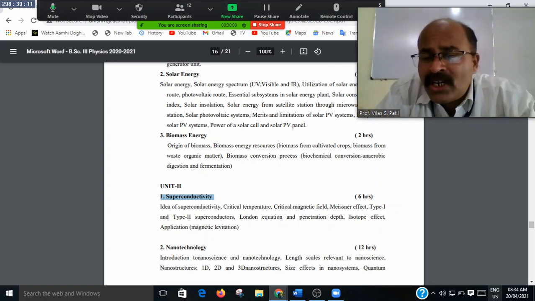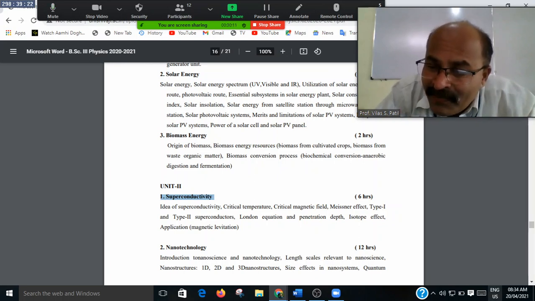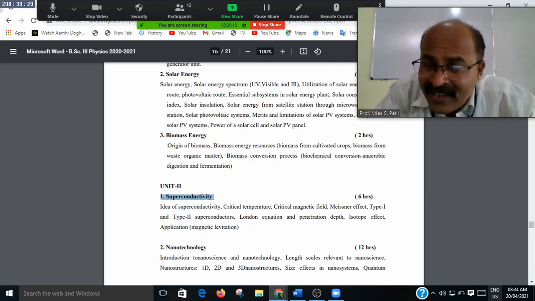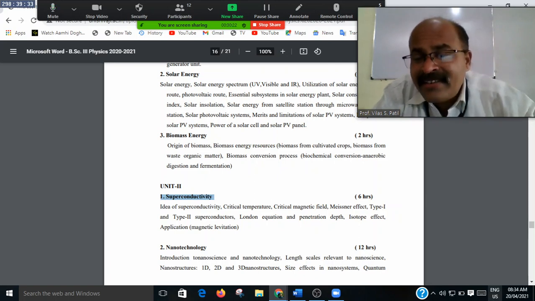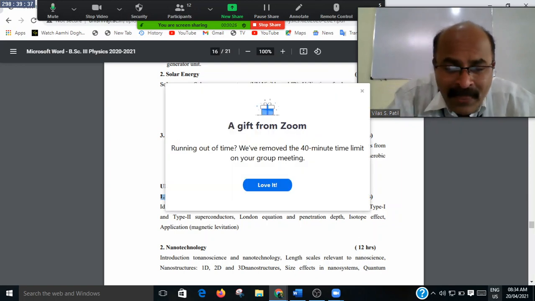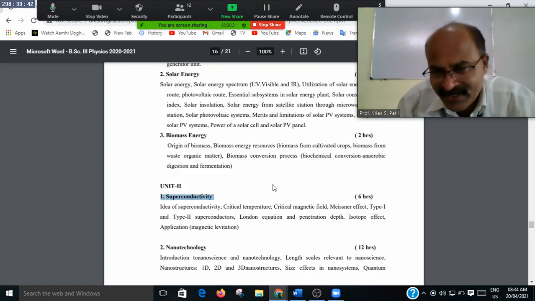They tried to search for one superconductor which would work at room temperature, but unfortunately all the researchers in the world are unsatisfied. They could not get success in finding a superconductor working at room temperature.